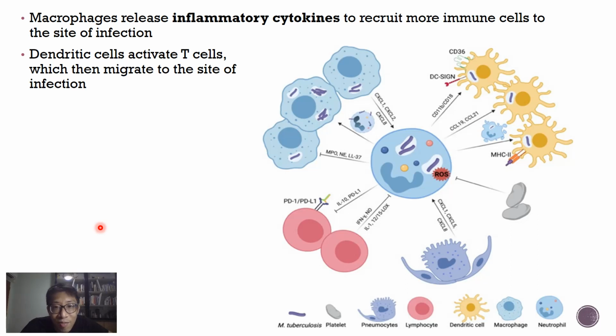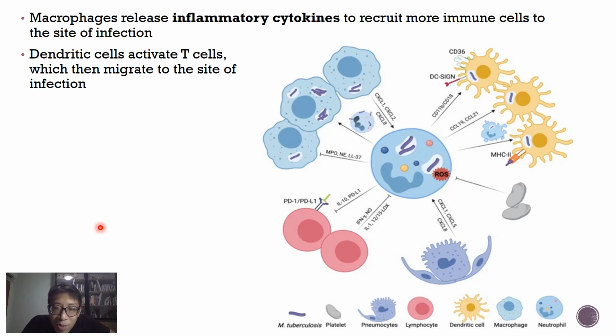One of the effects of the cytokines is to recruit more of the other immune cells to the site of infection. It may be recruiting more macrophages, neutrophils, and other immune cells.